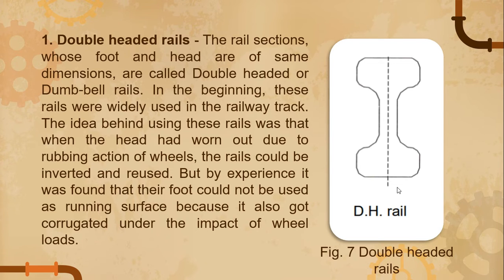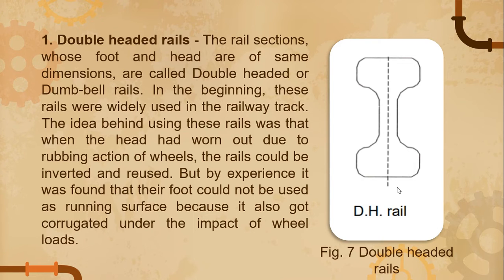This is the type of rail where both the upper and lower tables are identical, and they were introduced with the hope of doubling the life of rails. From the figure, we can see that the upper part and the lower part are identical, or equal in size.